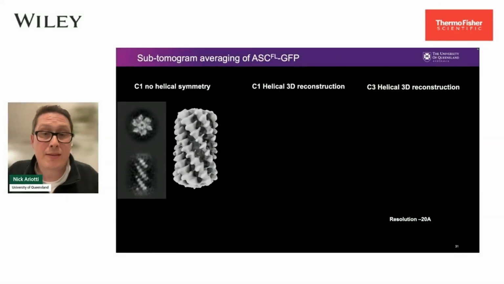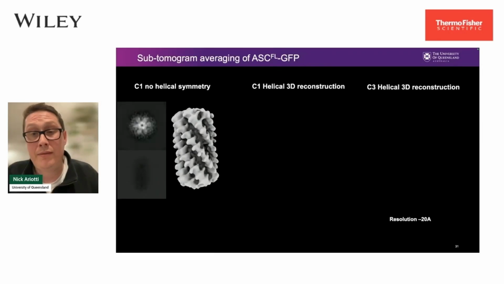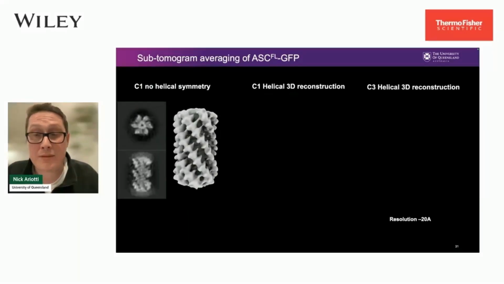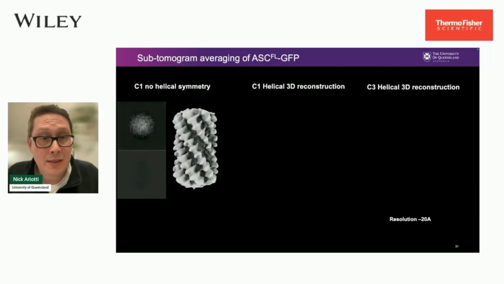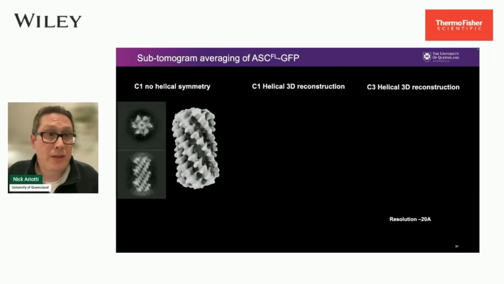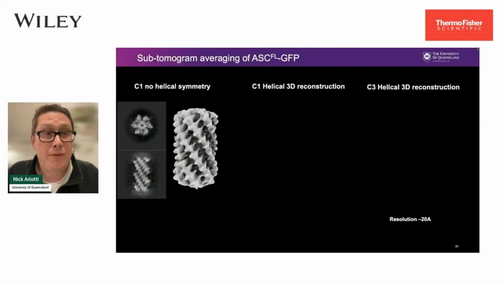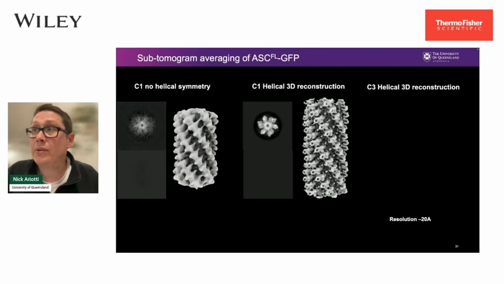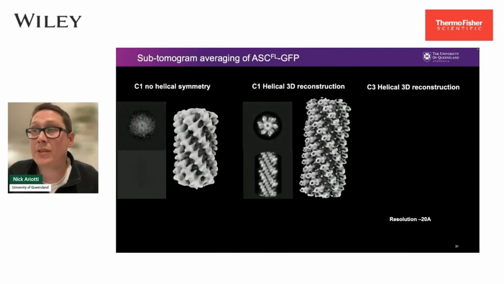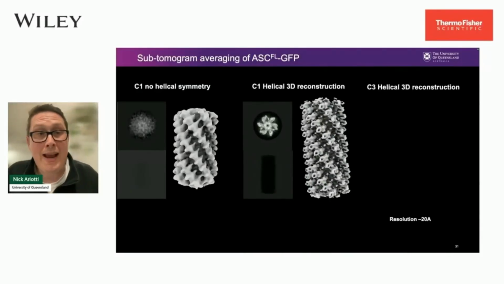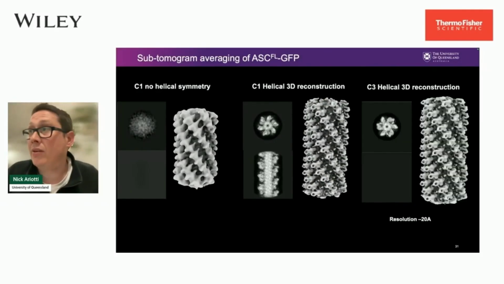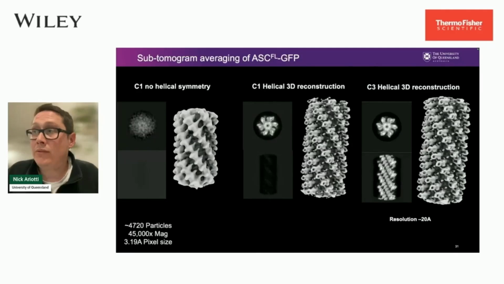We think this has more to do with the inherent flexibility of the protein and its promiscuous behavior than our ability to acquire good quality data. So this is what it looks like when we apply no symmetry whatsoever. If we apply helical symmetry, however, we can see that this map starts to better resolve. And if we apply C3 and helical symmetry together, we can get a really well-defined map.